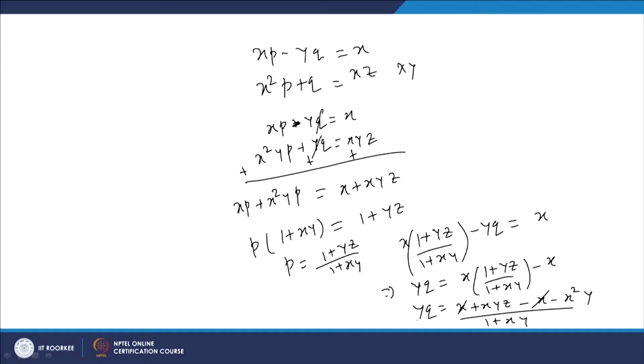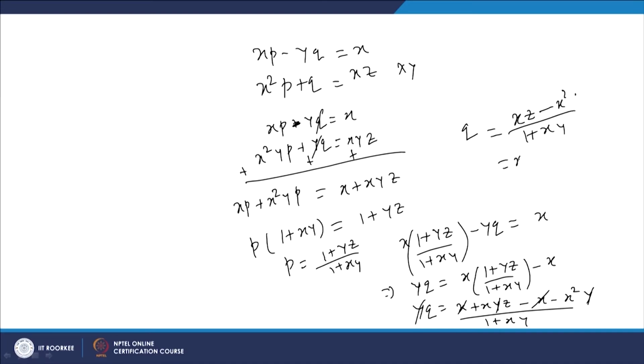If we simplify this, you get x plus xyz divided by (1 plus xy) minus x square y, and here we have yq. Now if we take y common, y will cancel on both sides, and you get xz minus x square upon (1 plus xy).